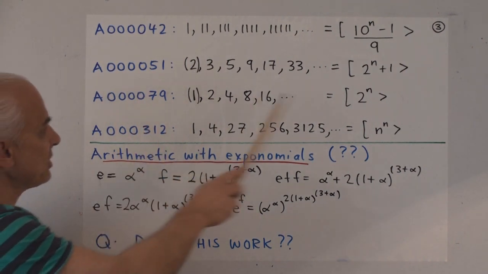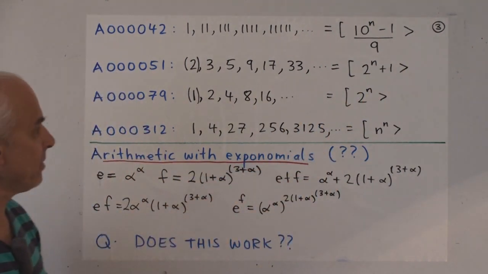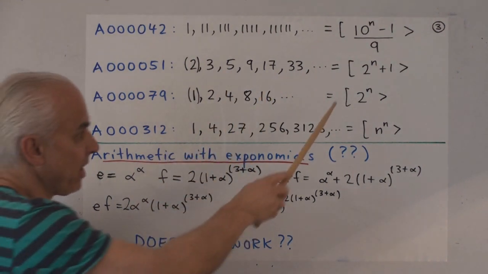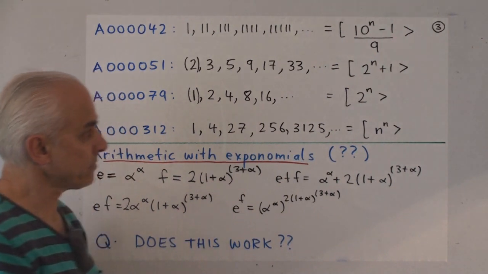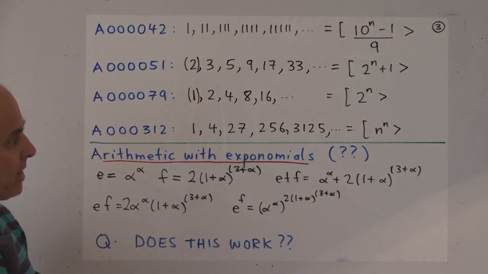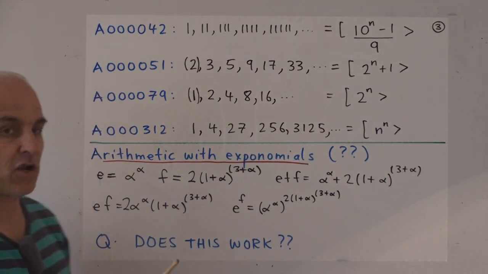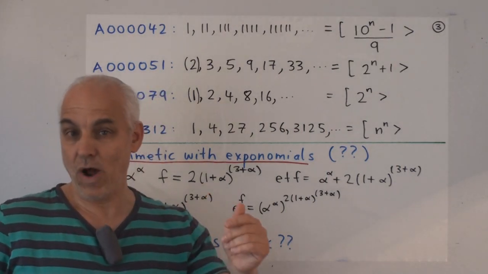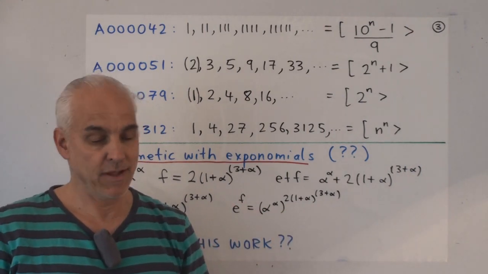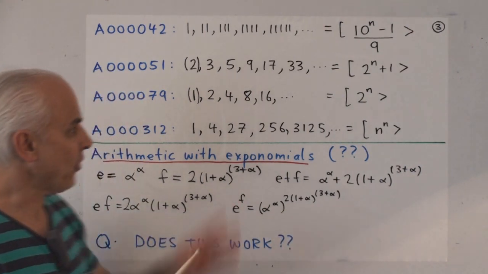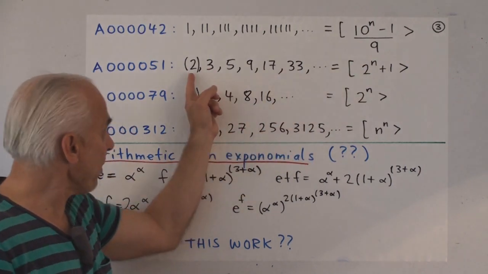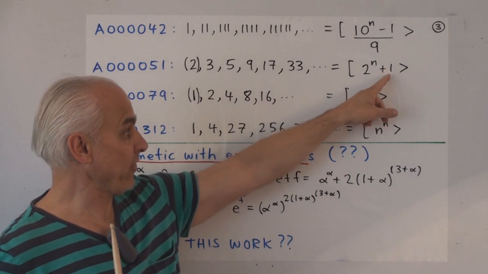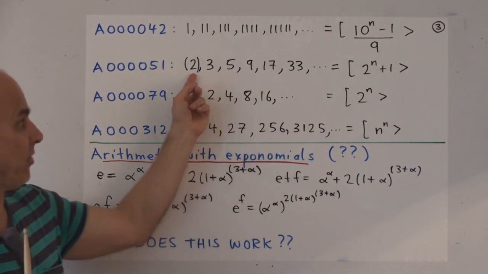Here's another sequence, which is the powers of 2 plus 1. So 2, 3, 5, 9, 17, 33, and so on, given by the expression 2 to the n plus 1. Now, in Sloane's encyclopedia, sequences often start with n equals 0 rather than the n equals 1 that we're generally working with. That's merely a convention. So for Sloane, the number that would be written first when we display this sequence would be 2 to the 0 plus 1, which is 1 plus 1, which is the 2 there.